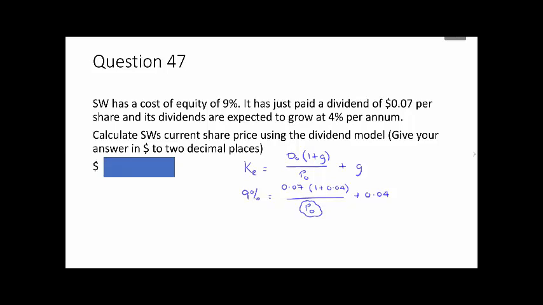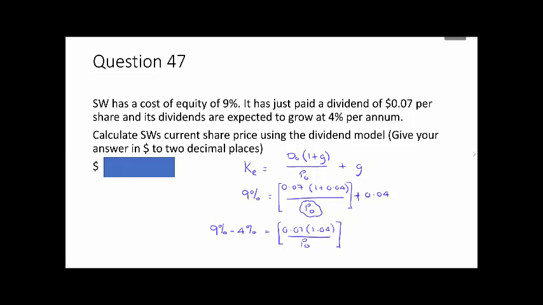So it comes down to whether we can rearrange a mathematical formula. So the best way to look at this is that this is effectively one number. So let's first of all get rid of that 4%. So 9% minus 4% is equal to 0.07 times 1.04 divided by the value of the share that we're looking for.